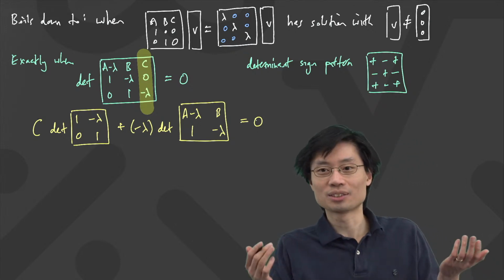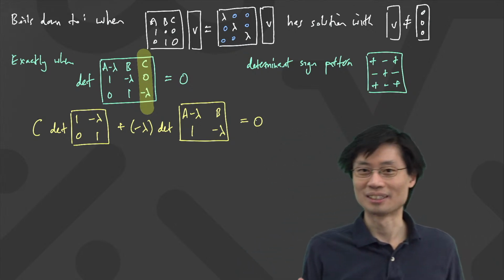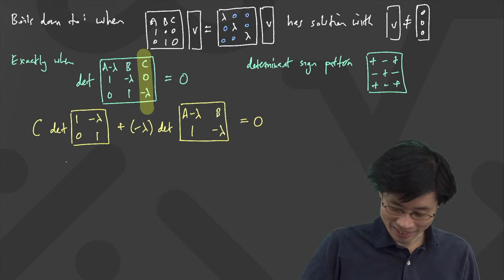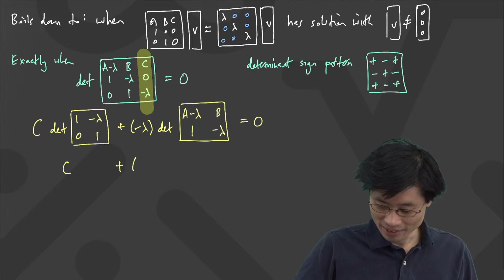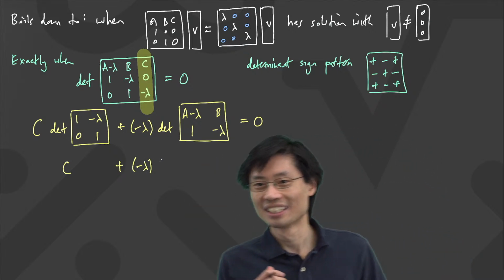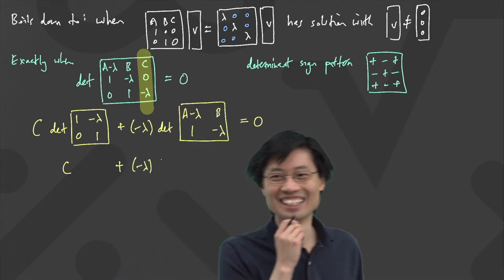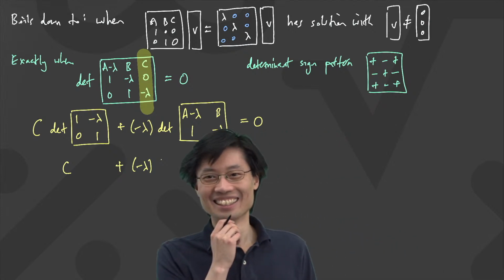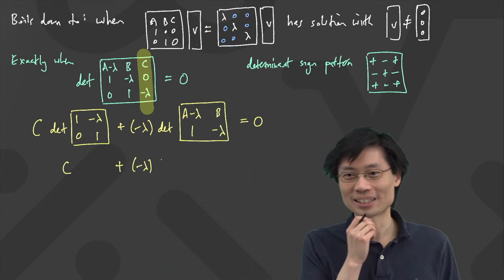Okay, so now let's determine the 2 by 2s. I'll do the first one, that's easy. That's C times 1, okay? This is just C. Plus negative lambda times, can someone tell me what to put there? What's the next one? What do I put on the second one?